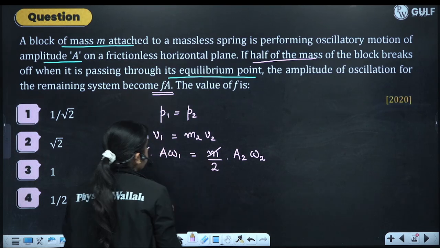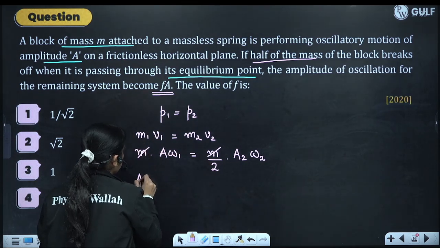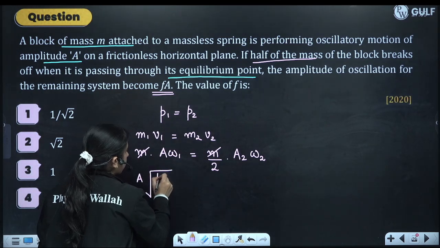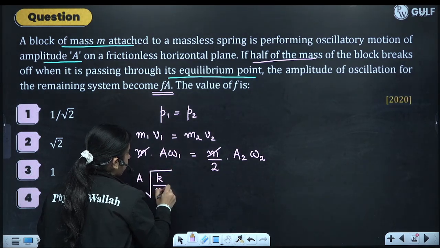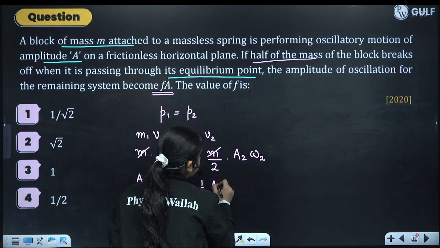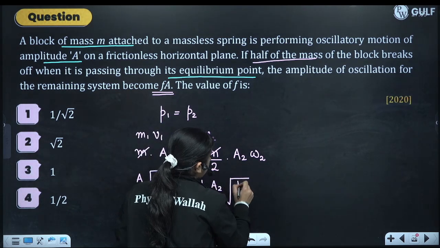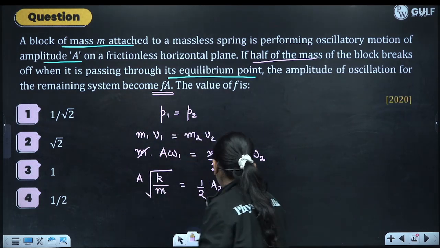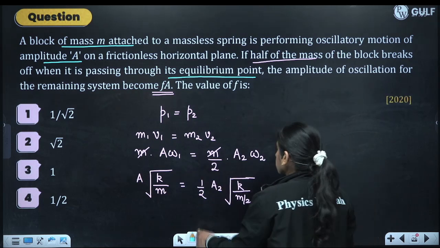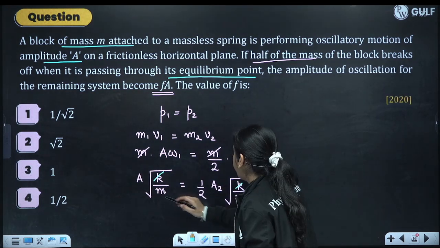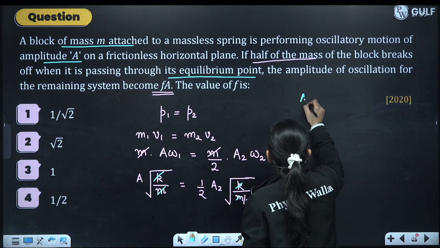M and M get cancelled. A1 is A only. Omega 1 will be under root K by M. This is equal to 1 by 2 into A2, where omega 2 will be under root K by M by 2, since now the mass is M by 2. K and K get cancelled, M and M get cancelled.